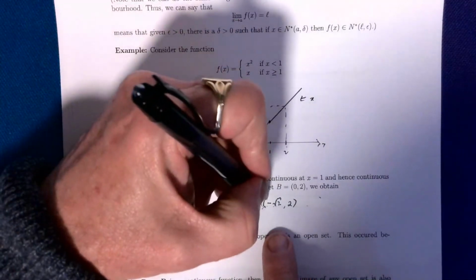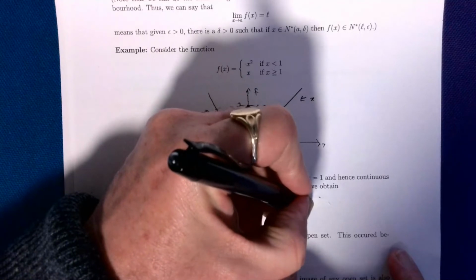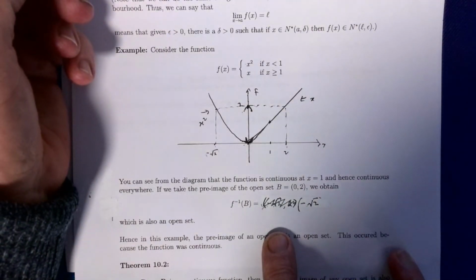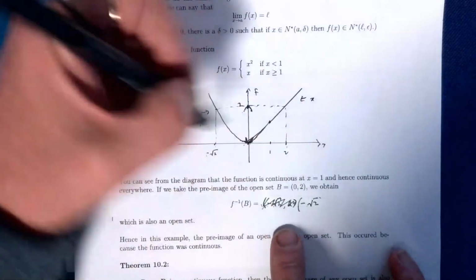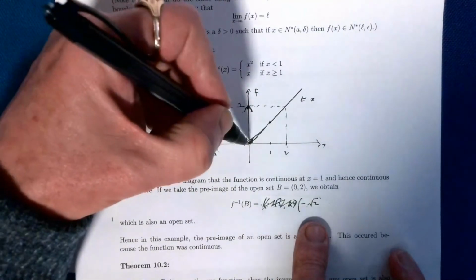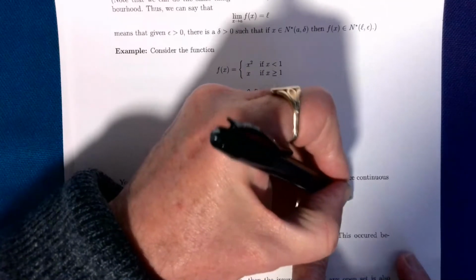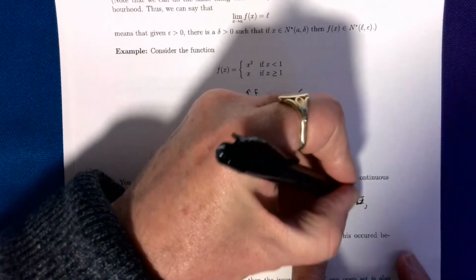So the pre-image of this is going to be the interval from minus root 2 through to root 2. Actually, sorry, that's not quite right. Because we're excluding 0 in our open set, it's going to be the union of minus root 2 up to 0, and 0 up to root 2.